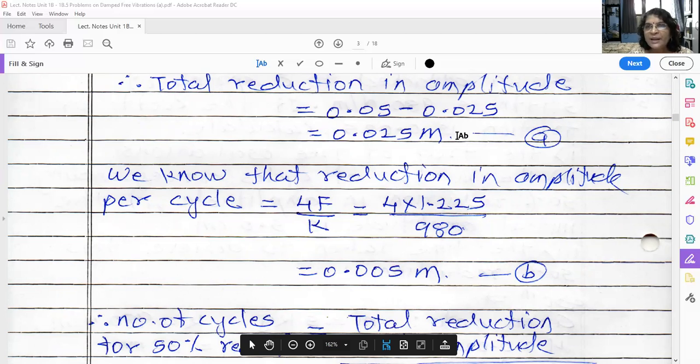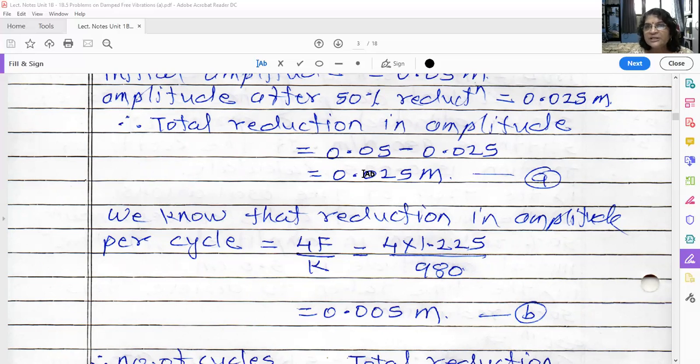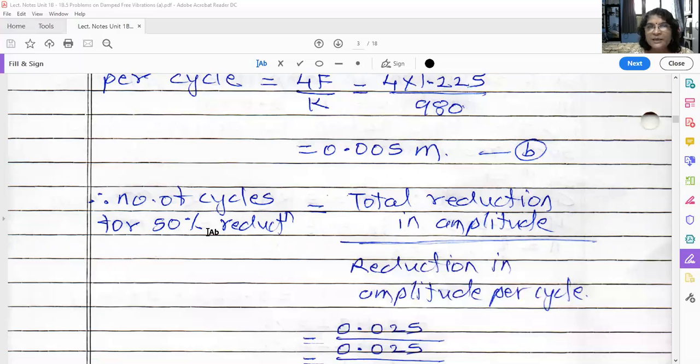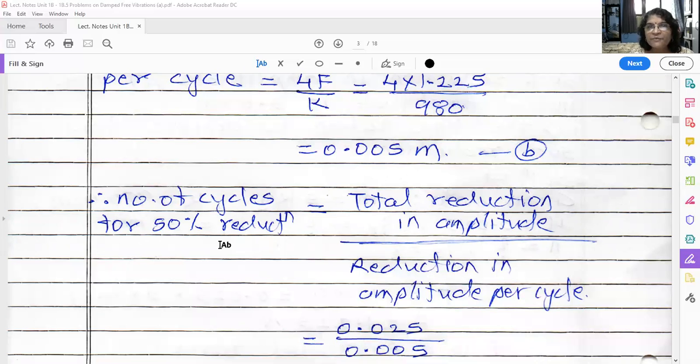Now compare A and B. Here the total reduction we want is 0.025 meter, for which we want to find the number of cycles, and the reduction in one cycle is 0.005 meter. So how can we find the number of cycles? The number of cycles for 50% reduction is given by total reduction in amplitude divided by reduction in amplitude per cycle.